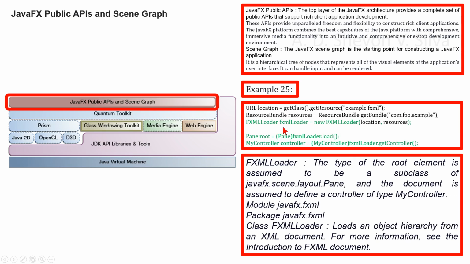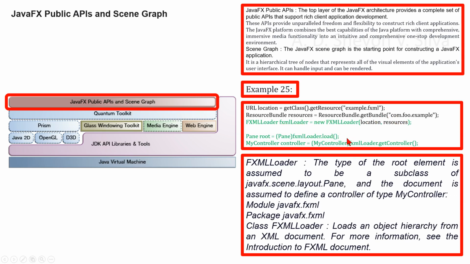For example, the following code loads an FXML file from the location on the class path relative to the loading class, and localizes it with the resource bundle named com.foo.example.